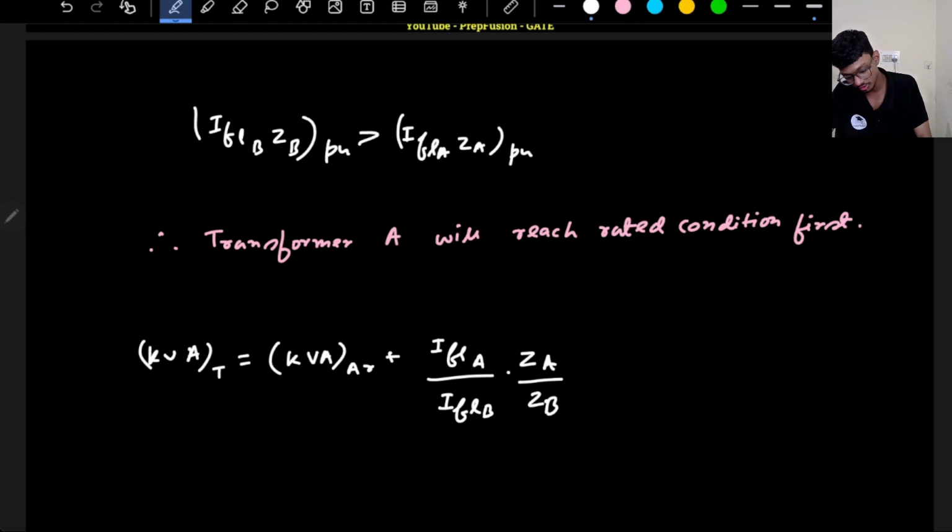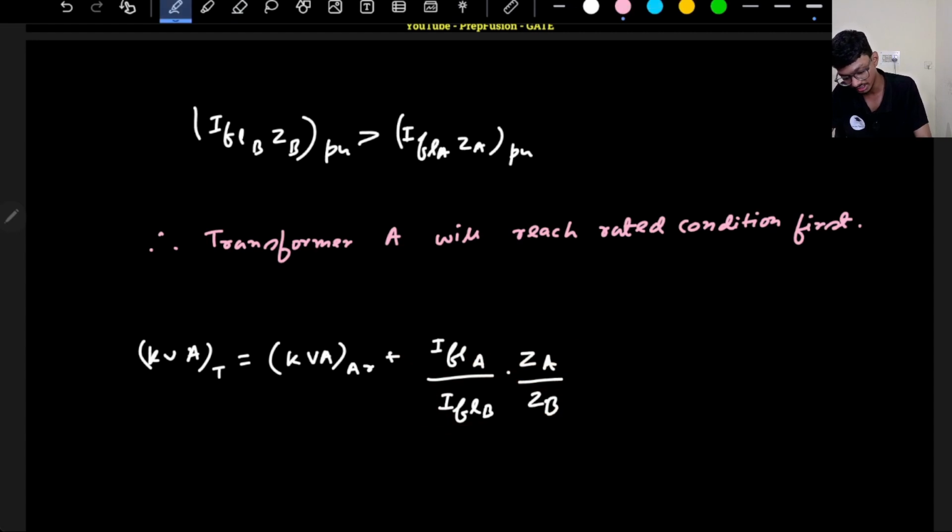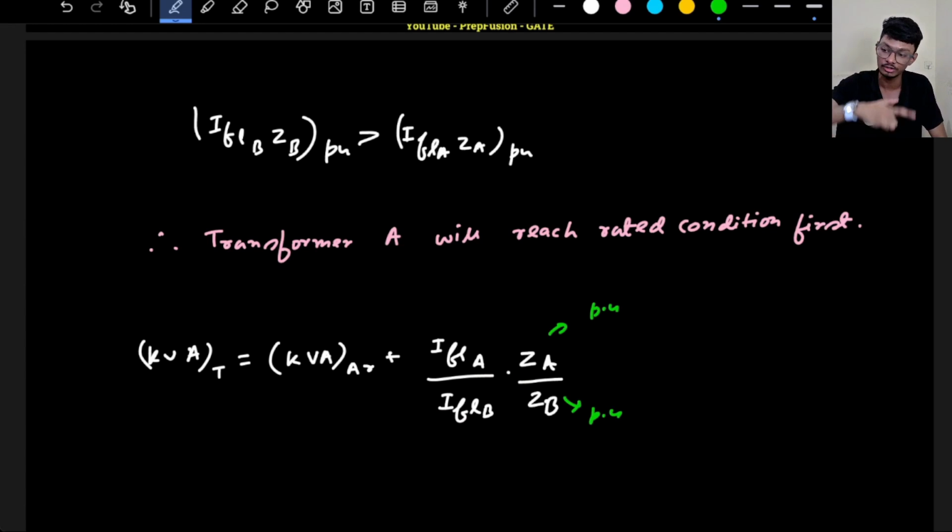This can also be converted into per unit. I have already told you this is voltage drop, this is voltage drop, so this can automatically be converted into per unit, no problem, because there is only a ratio, right? And these are all voltage drops. If I divide by V base, it will be per unit only. So it is valid for absolute value and for per unit both, into kVA B.